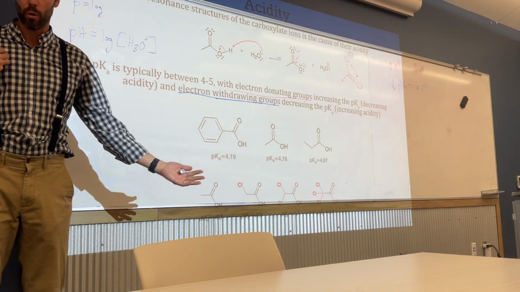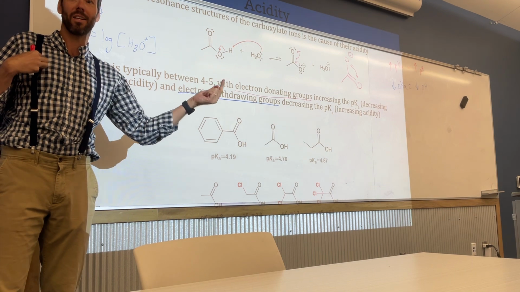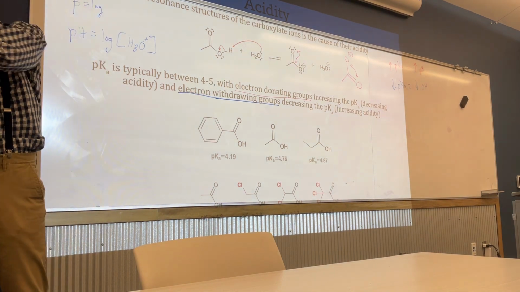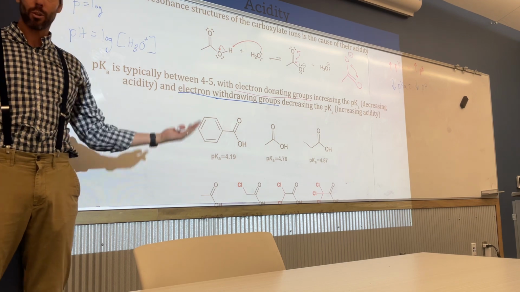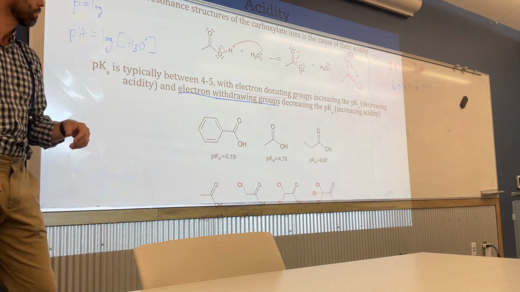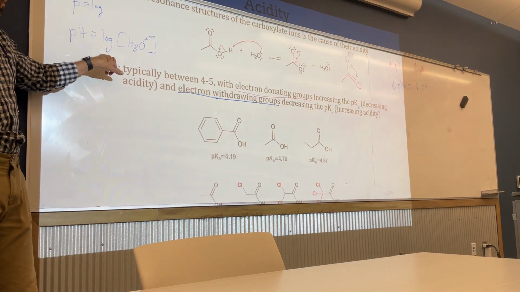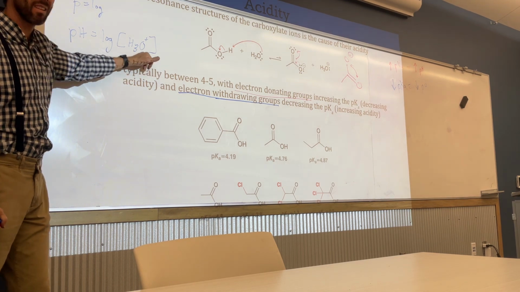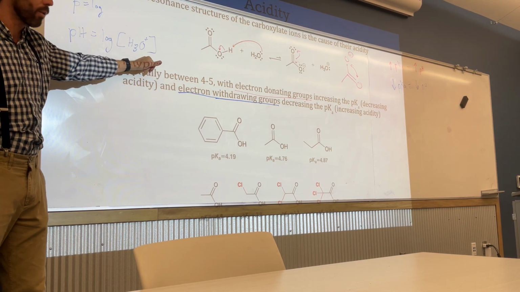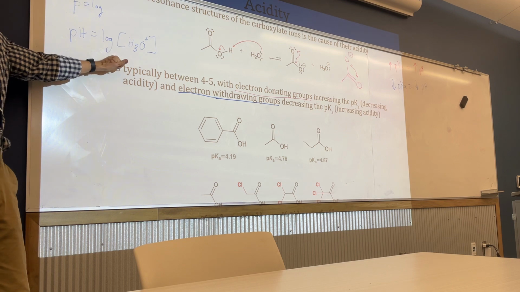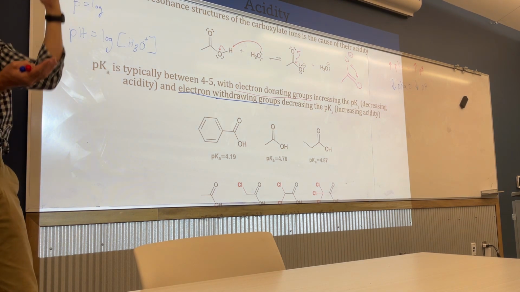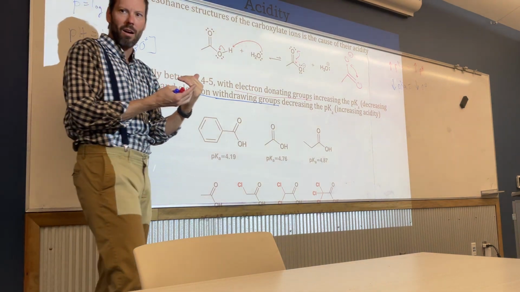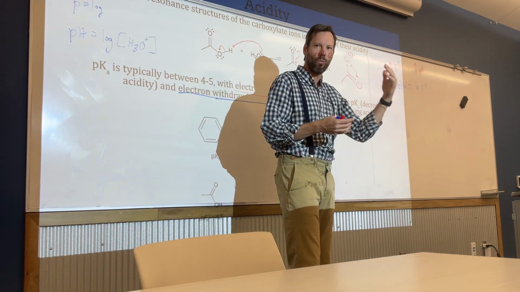It's going to deprotonate. And then that proton is going to bind to the water in that solution to form H3O, right? And because these can be somewhat large numbers, we take a log. In this case, log is base 10. So we just compress those numbers down to a scale of 1 to 14.